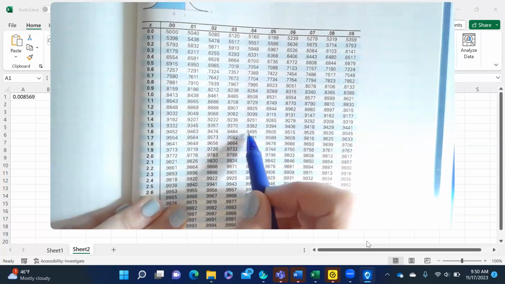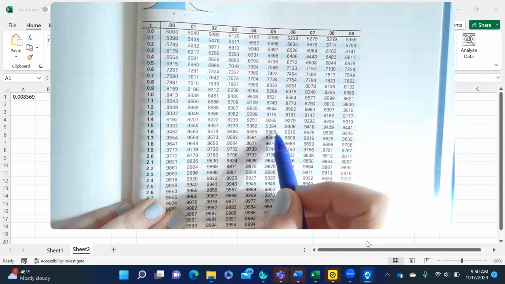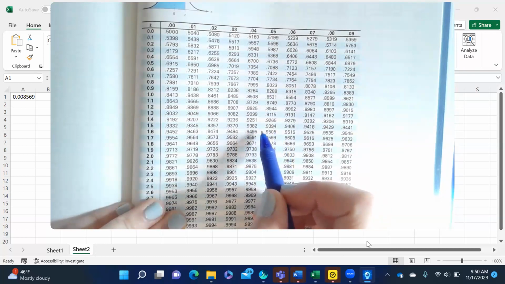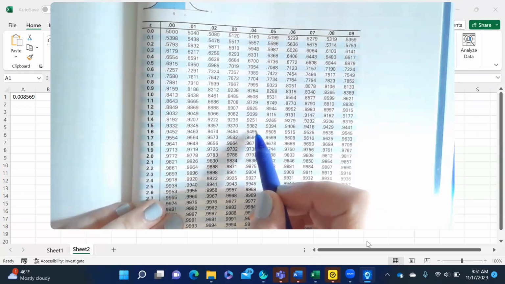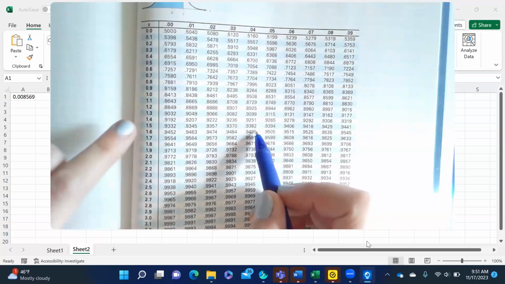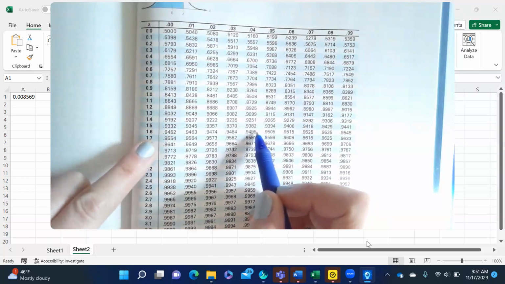I have 9495 and 9505. Now, neither of these is perfect. If you have one that's perfect, then there you go. If you have one that is closer, then you just choose the closer one. Here we happen to be exactly right in between. They're both 5 ten-thousandths apart. So this is one of those exceptions where we tend to use 3 decimal places.